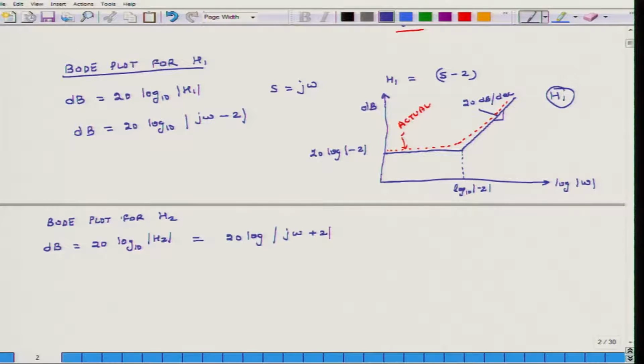Now, I can draw the Bode plot for this, but I need not do this in this particular case, because I see that... or actually, I will just do that for the sake of completeness.